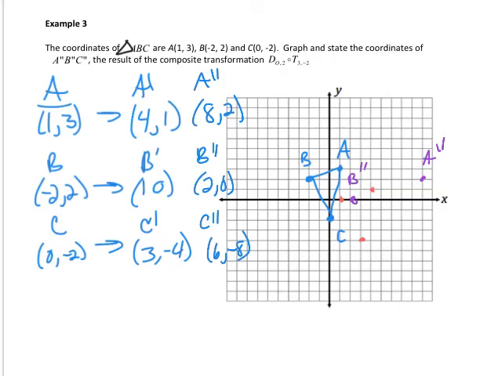And then C double prime is 6, negative 8. So everything gets doubled. And there's my final triangle. Okay, he's dilated after he's translated, and you'll see that he's twice as big as the original.